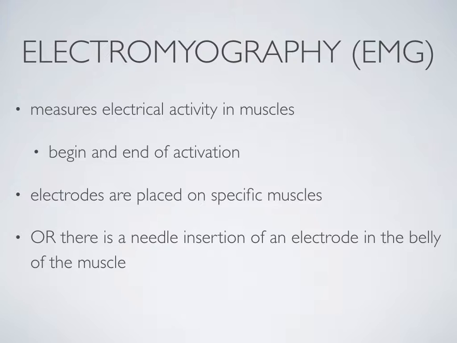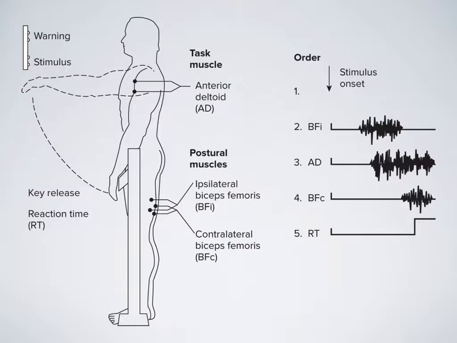So the first one is going over the EMG, which measures the electrical activity in muscles. This technique puts electrodes, or an injection of one, in specific muscles that track the beginning and end of an activation period.